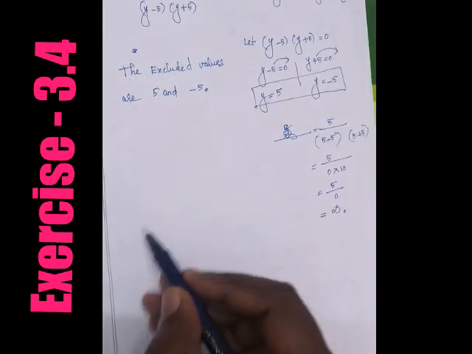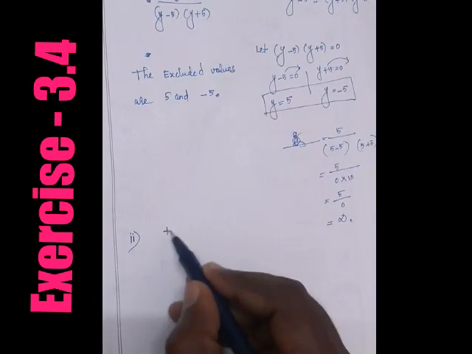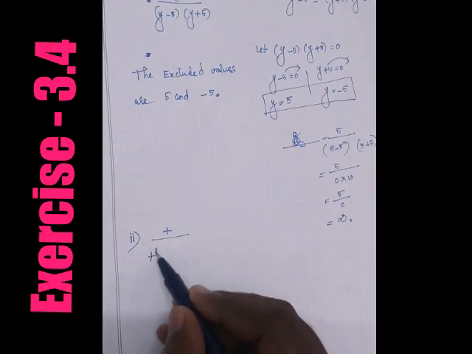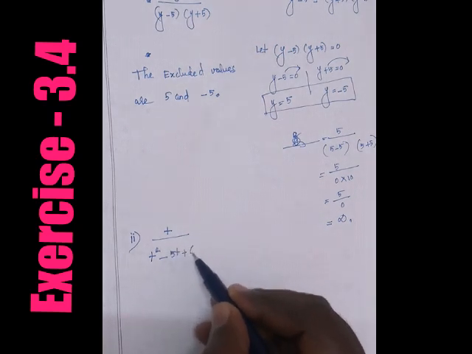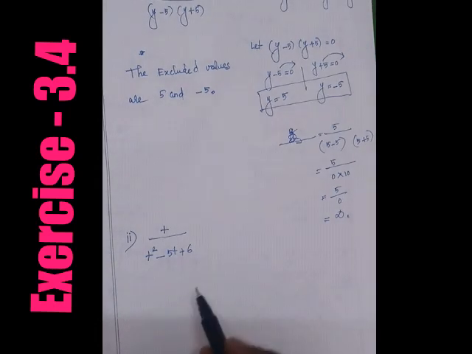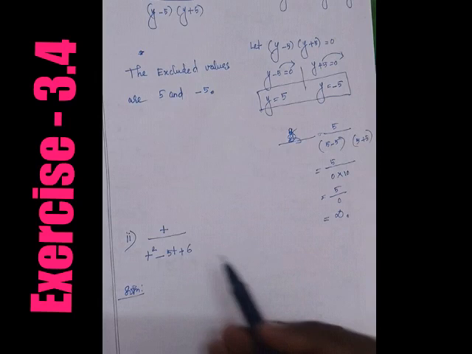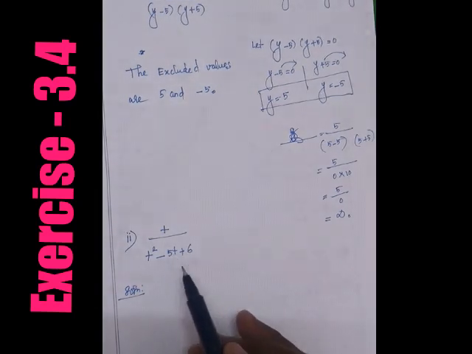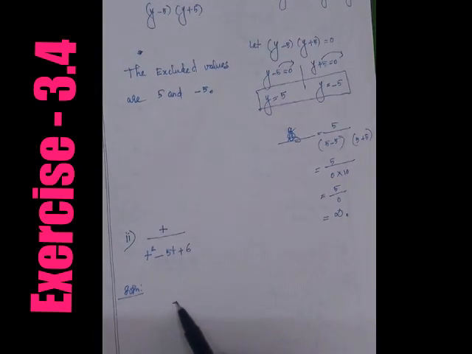Question number 2, second subdivision. Find the excluded value of t divided by t square minus 5t plus 6. This is a quadratic polynomial of variable t. Here I am going to find its linear factors by using the product and sum method.